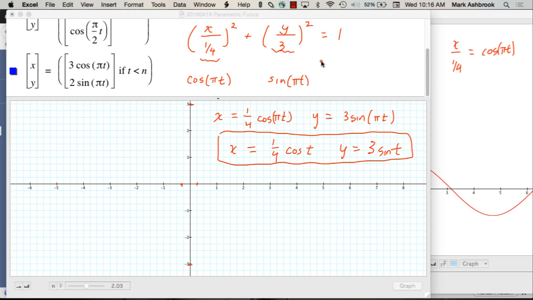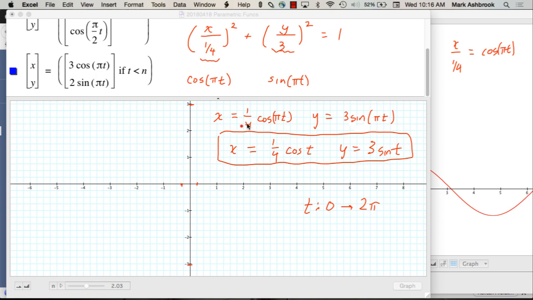We're not doing degrees, right? Nothing to do with degrees. So to get the whole ellipse, t would have to go from 0 to 2 pi, right? But in this one, what would t need to do to get the whole ellipse? 0 to 2, right?